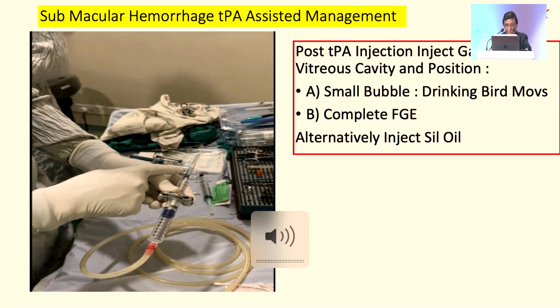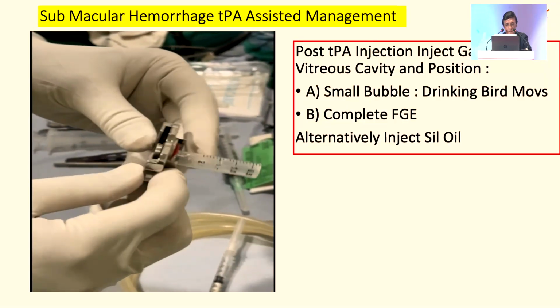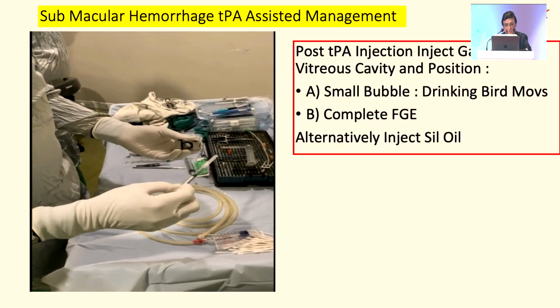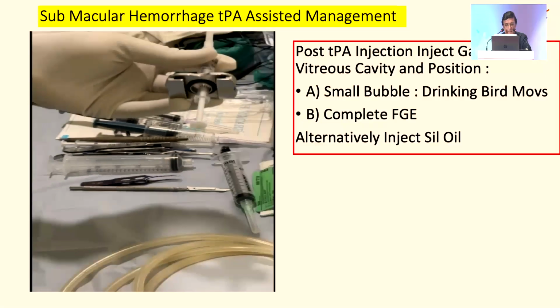So this is a new one which we have made. The device has now been modified further, using a tuberculin syringe. This was available from Med1, but it was not available at that time in India.